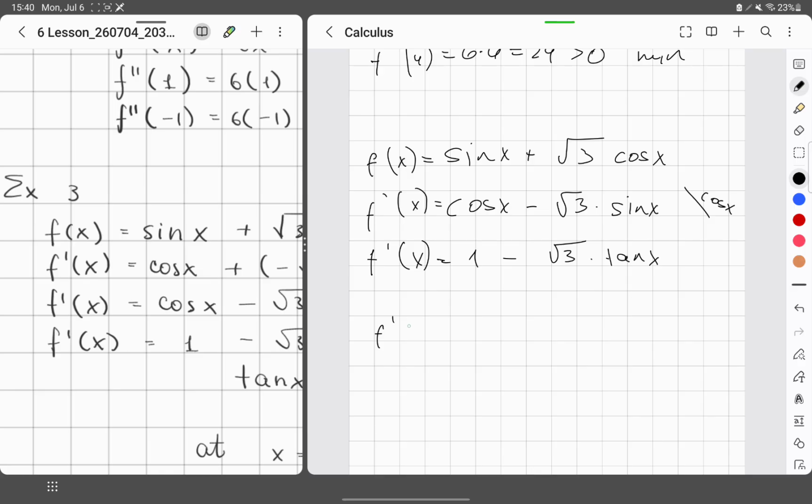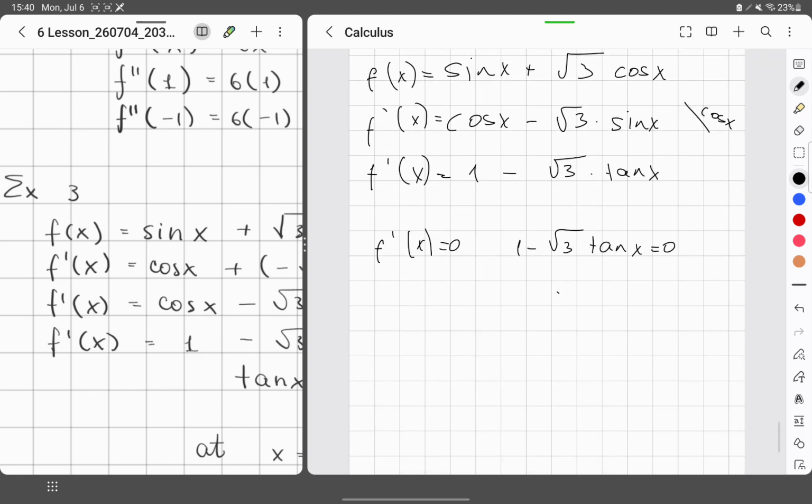For the stationary points, we will make it 0. 1 over square root of 3, tangent x will be 0. Tangent x will be what?